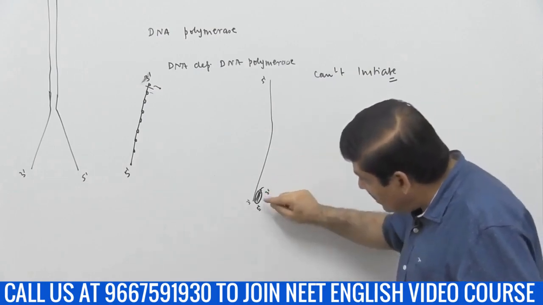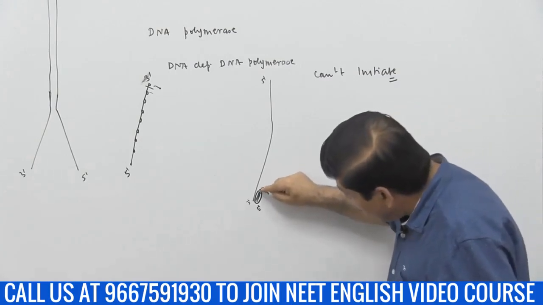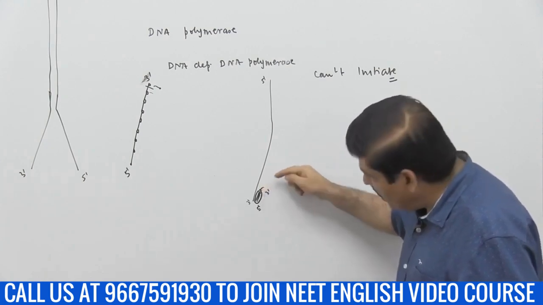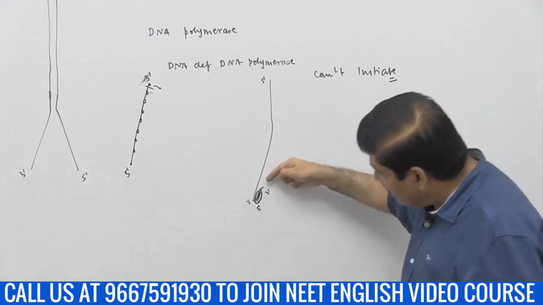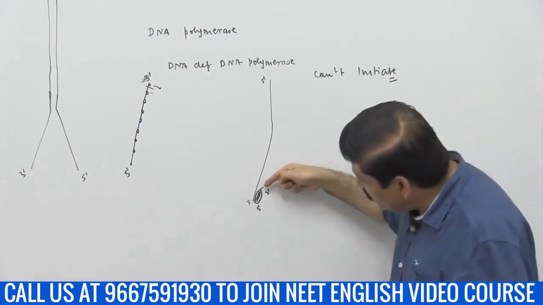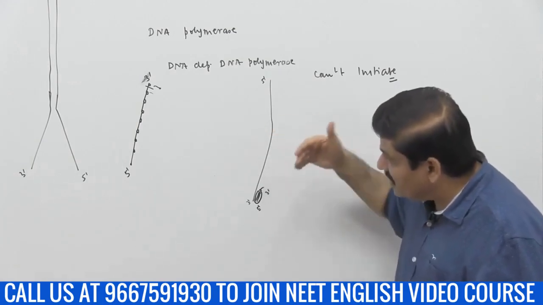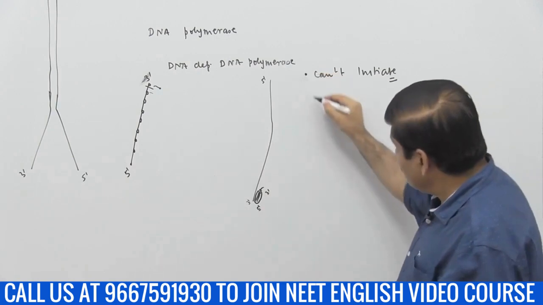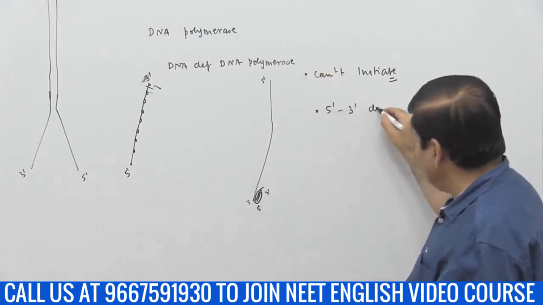This strand would be in 5' to 3' direction and would have a 3' hydroxyl that is free for bonding. This is where the deoxyribonucleotides can be joined. In the last video I told you that this is the specific point by which there is a directional sensitivity of DNA polymerase. That means they can synthesize only in 5' to 3' direction.